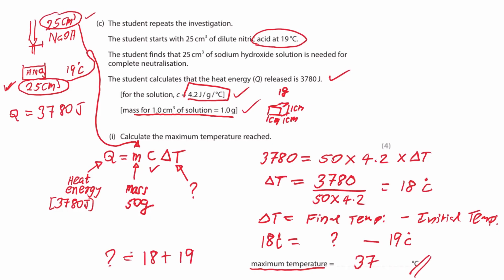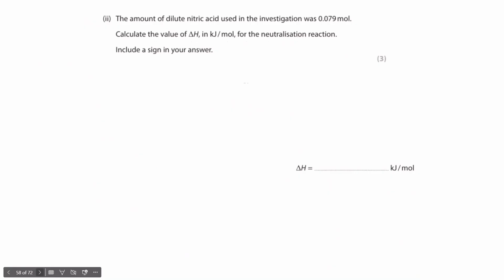Okay, now we have the maximum temperature. The amount of dilute nitric acid used in the investigation was 0.079 moles. Calculate the delta H in kilojoules per mole for the neutralization reaction. Include a sign in your answer. Now they ask you to find the enthalpy change.